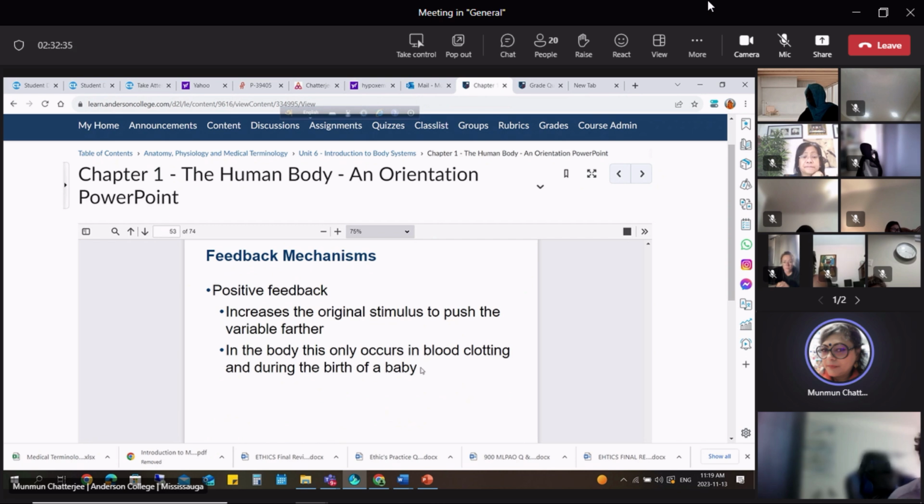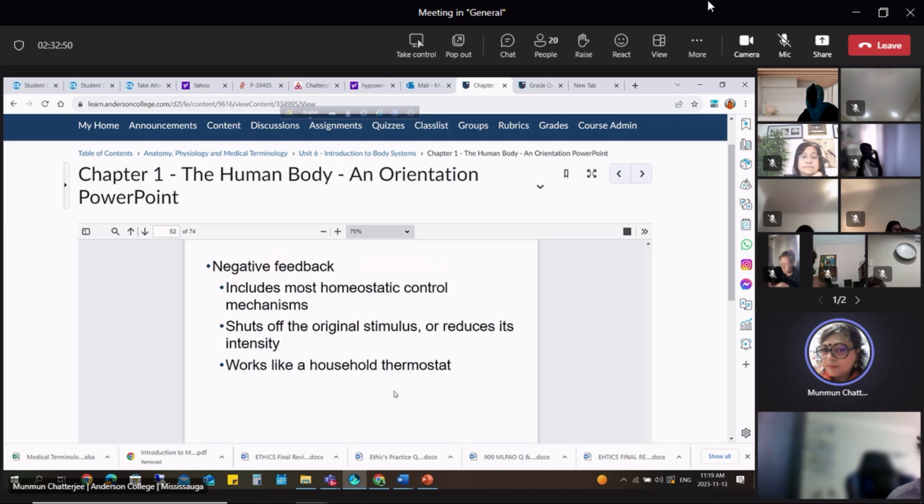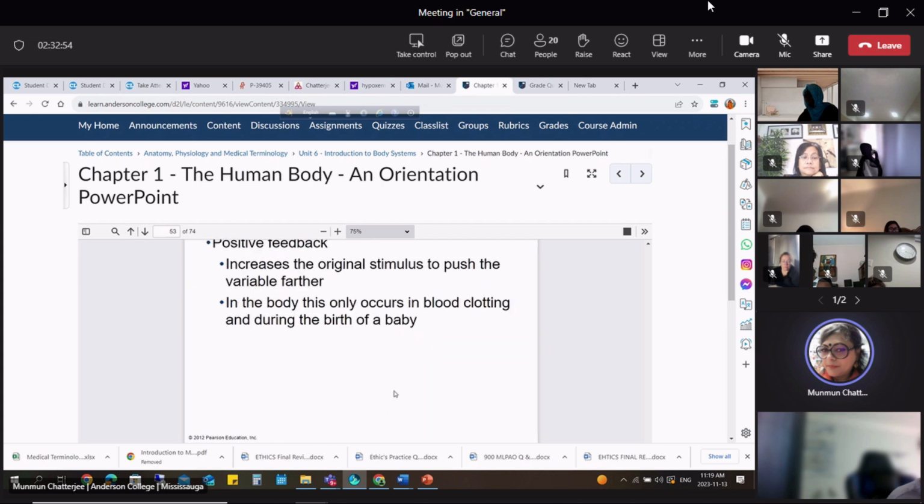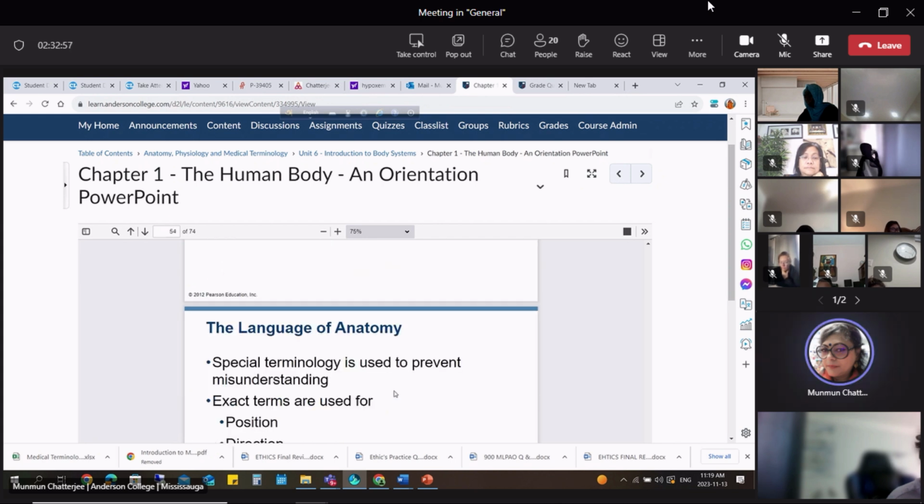So positive feedback mainly occurs only in blood clotting and during the birth of a baby. Others, in general, are negative feedback because it shuts off the main stimulus, which may cause damage.